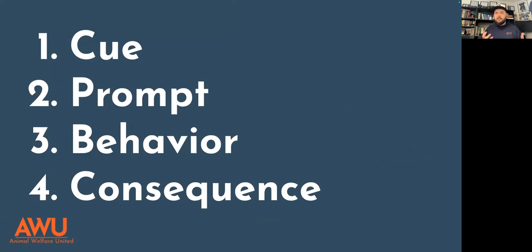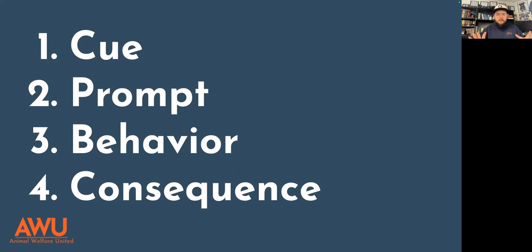Now, I know that there's some discussion in dog training surrounding when we should present the cue, if we present the cue after the behavior, just before the behavior, kind of where do we present it? I have not seen, me personally, and please, I know how much the internet loves to tell people that they're wrong, so please tell me I'm wrong, if there are other ways to go about this that are backed by some sort of research or backed by some sort of governing body that is credible.